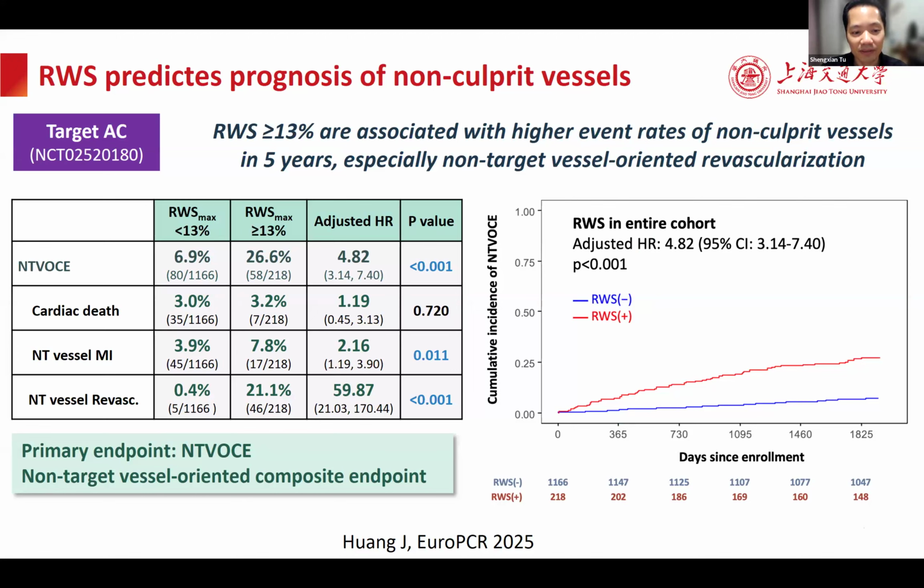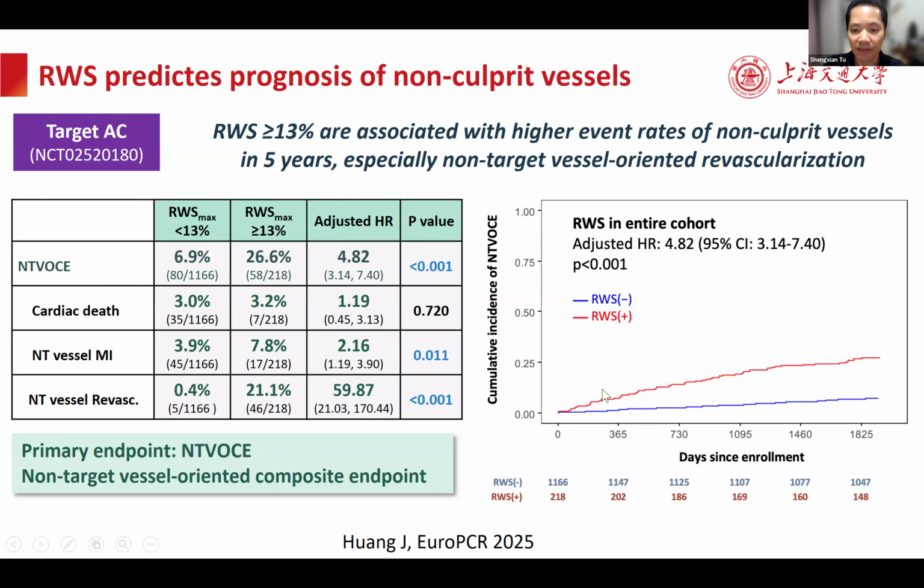You can see the result was surprisingly good, especially for non-target vessel revascularization. If you have a lower radial wall strength, in 5 years less than 1% will have a revascularization. But if you have a higher radial wall strength, then the event rate is 1 out of 5 will have a revascularization. That clearly differentiates the risk of revascularization, and also for myocardial infarction.